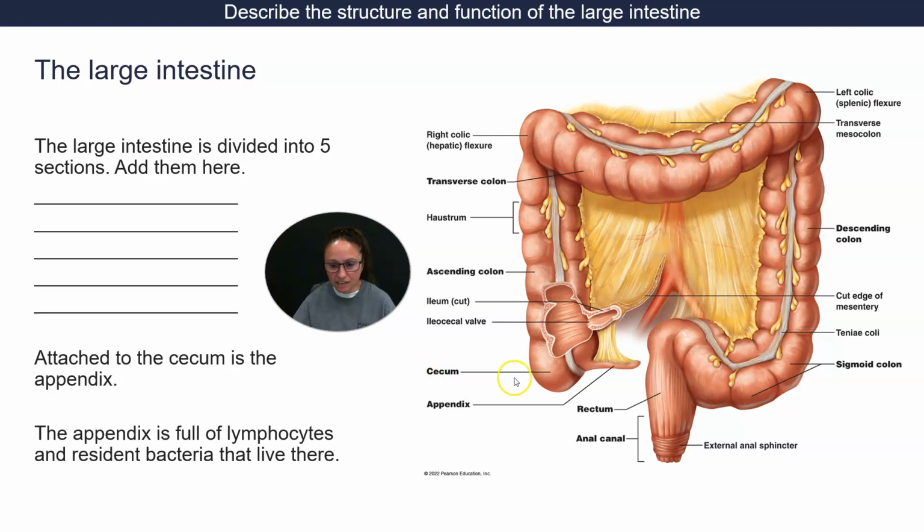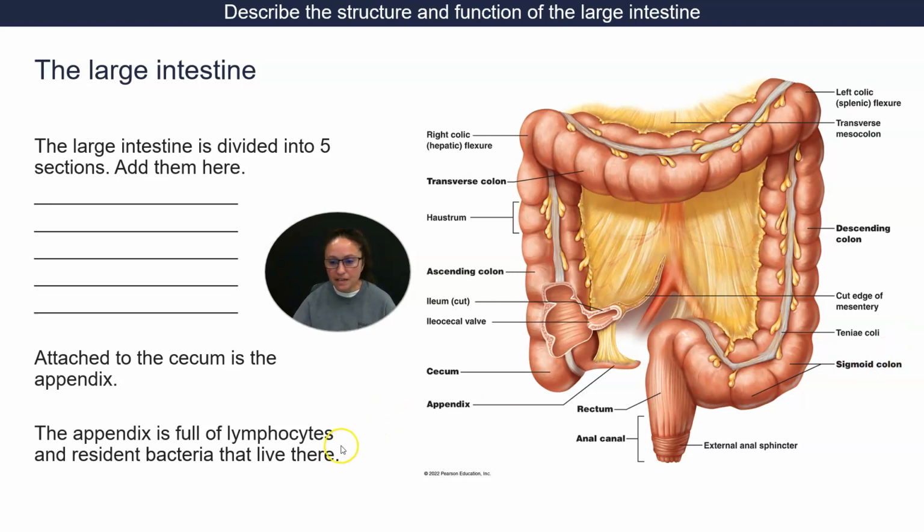You have the cecum, ascending colon, transverse colon, descending colon, and sigmoid colon. So there are 5 sections. Is that 5? 1, 2, 3, 4, 5. Correct. There are 5 parts.